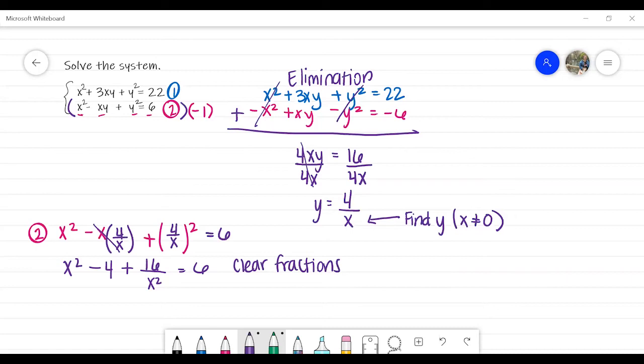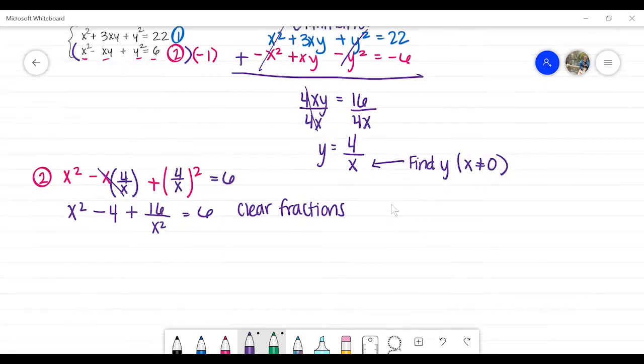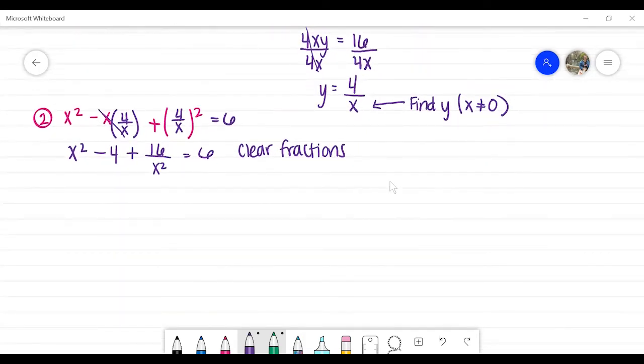And that means we're going to multiply every single term by this denominator value. So multiply by x squared. I know I'm allowed to do it because I already said x is not 0. I couldn't do this if x potentially was 0. But we already ruled that out. It's not going to be an issue.